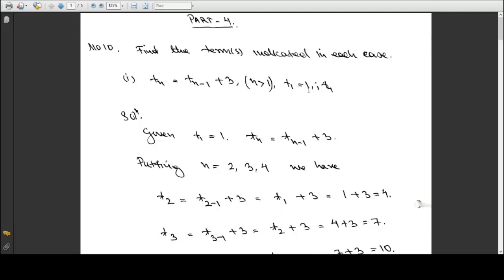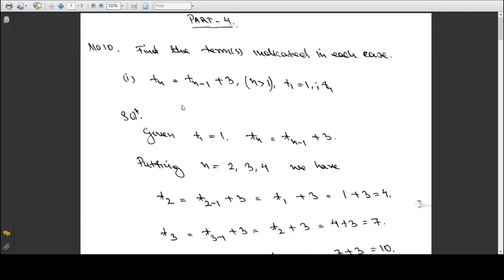We have to find the second term, the third term, and then after that we can find the value of T4. Let us find it by putting the value of n to be 2, 3 and 4.